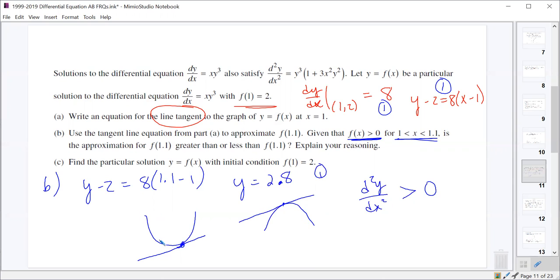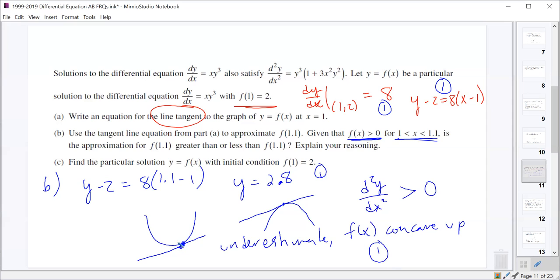So if it's concave up, then it must be an underestimate. It's an underestimate. f of x is concave up. And that's about all you had, right? And that was worth one other point for that, yeah? Yeah. 1 point.